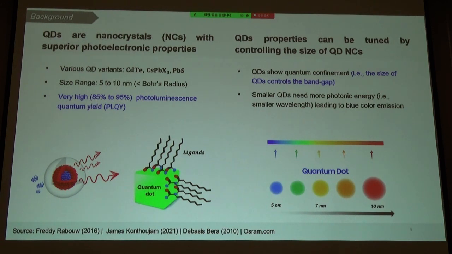Since it's halide it can be many different things, but in this work I'll primarily focus on cesium lead bromide. The reason it is so popular is that it has a very high photoluminescence quantum yield, in short PLQY, because of which it can be used in many different applications.